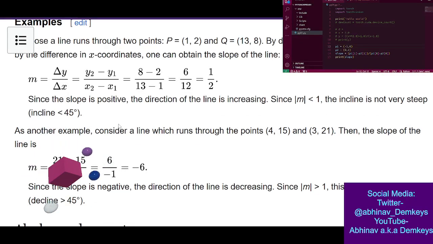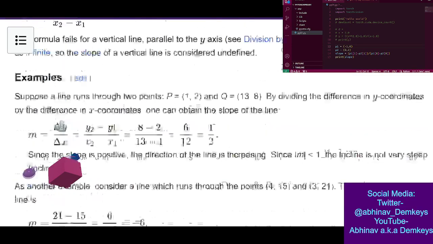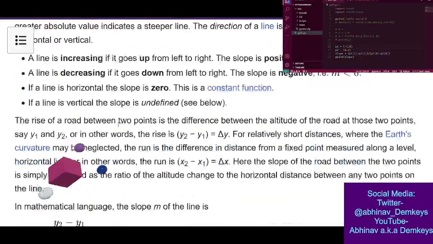Since the slope is positive, the direction of the line is increasing. Okay, so they had a set of rules here. If the line is increasing, it goes up from left to right. The slope is positive, meaning m is greater than 0. So m is a positive number. In this case that makes sense because my slope is going from the bottom left to the top right, so it's going in an increasing direction.